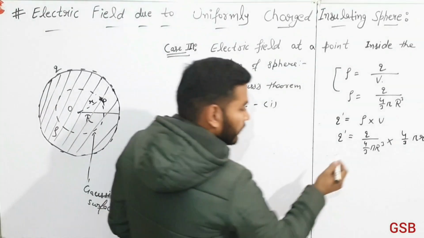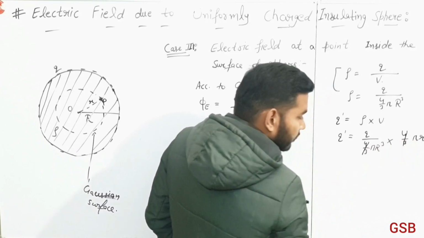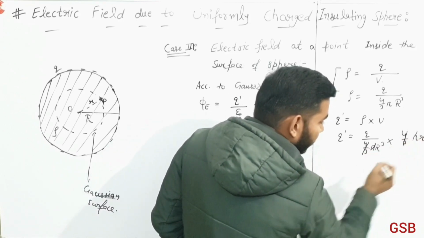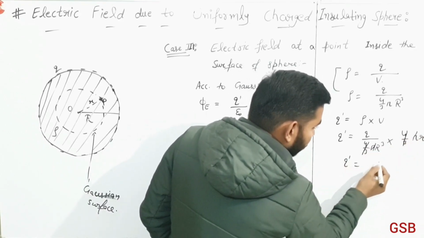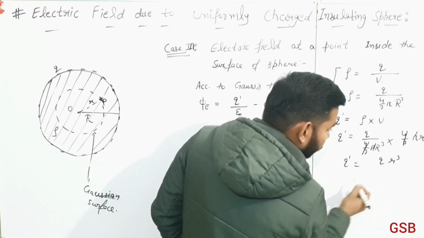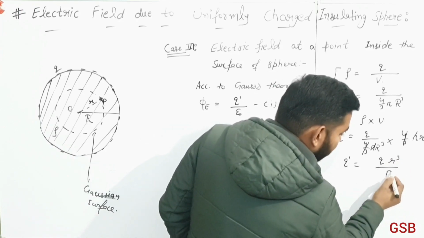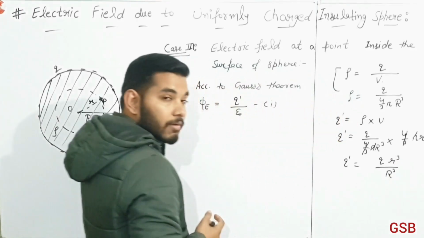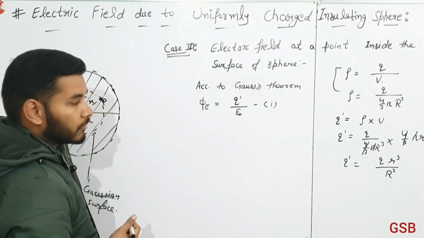Then we cancel out the factors, pi with pi, and Q dash is equal to Q into r cube by capital R cube.